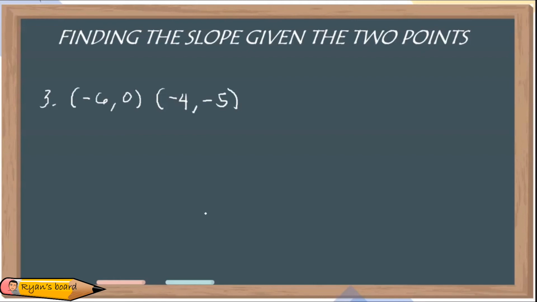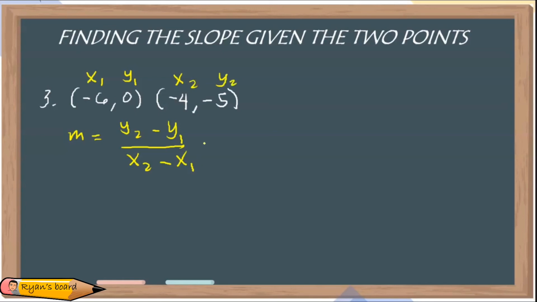So, again, yung ating formula ng slope: m equals y sub 2 minus y sub 1 over x sub 2 minus x sub 1. Ito ay ating x sub 1. This is y sub 1. This is x sub 2. This is y sub 2.